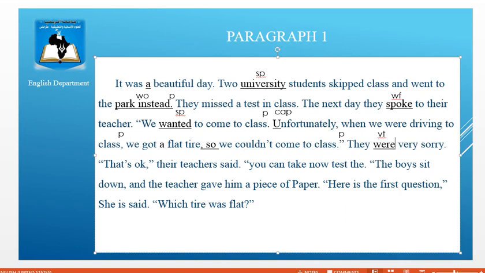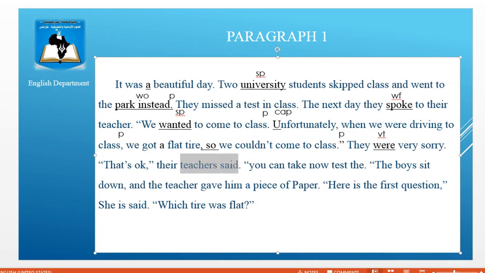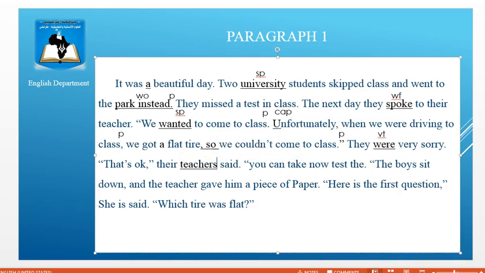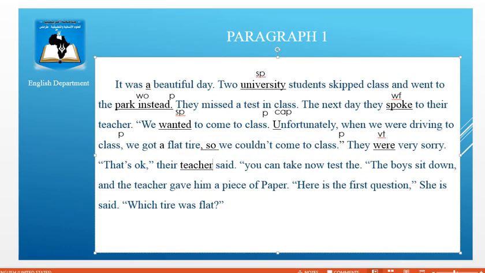That's okay. Their teacher said. Teacher. Is it one or two? Is it singular or plural? So the answer is teacher, not teachers. This is the mistake, because they have only one teacher and the teacher was talking with them.